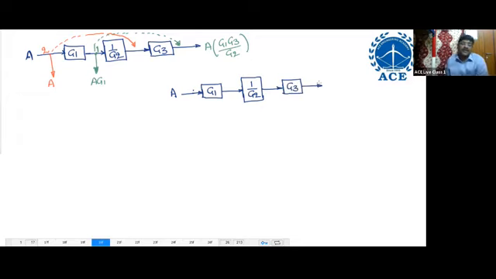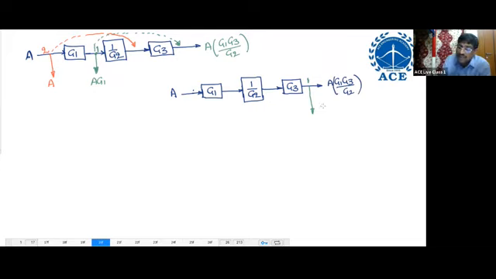Now where I have to take a point? First one, if you take this green, I should take a point at the output. Here I should take it. This is one. What is the output we are getting here? A G1 G3 by G2 we are getting.